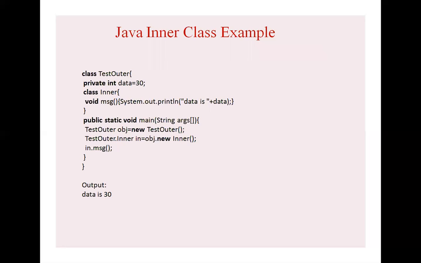Then, in the main function, we create the object of the outer class: TestOuter obj = new TestOuter(). Within this TestOuter object, we create the inner class object: TestOuter.Inner in = obj.new Inner(). Then using this inner class object, we call the method in.msg(). The output of this program is 30.